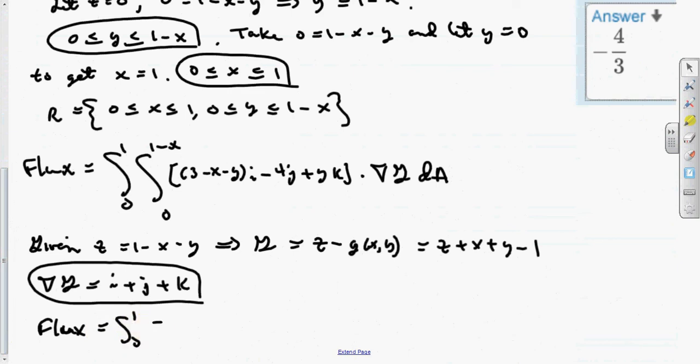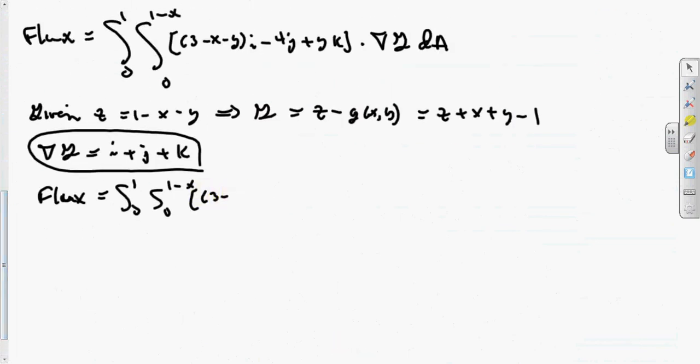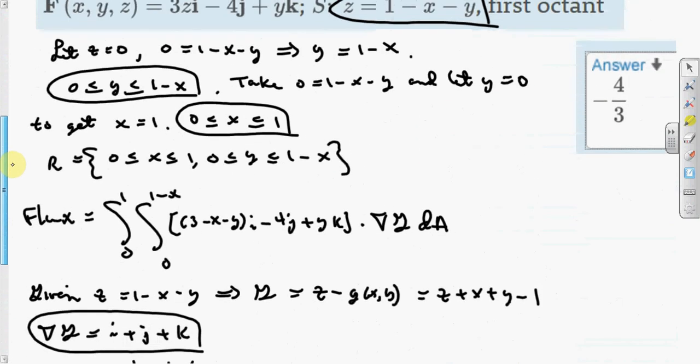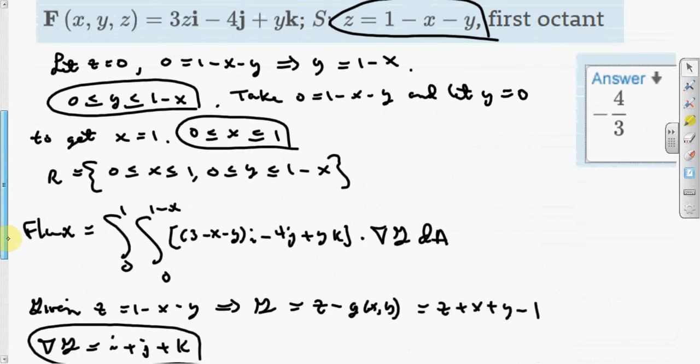It's integral from 0 to 1, integral from 0 to 1 minus x. This is 3 minus x minus y, i minus 4. Should be 3 minus 3x minus 3y. I didn't run that 3 through, sorry. Yeah, it's 3 times z. Z is all of 1 minus x minus y, right?